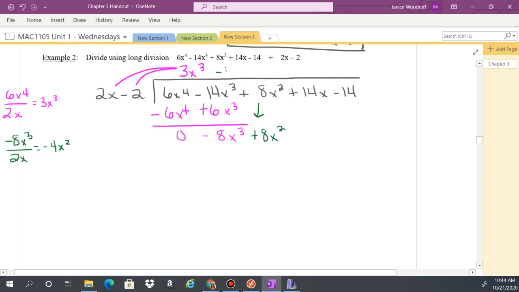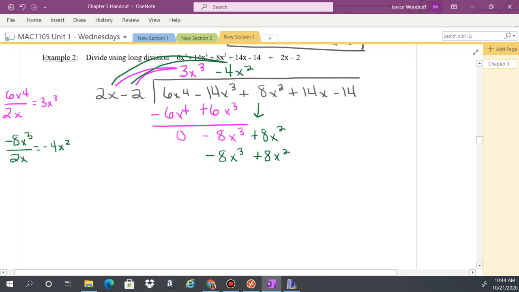So put your negative 4x squared as your quotient. Then multiply. So negative 4x squared times 2x. Negative 4 times 2 will give me a negative 8x cubed. And then negative 4 times negative 2 will give me a positive 8x squared.